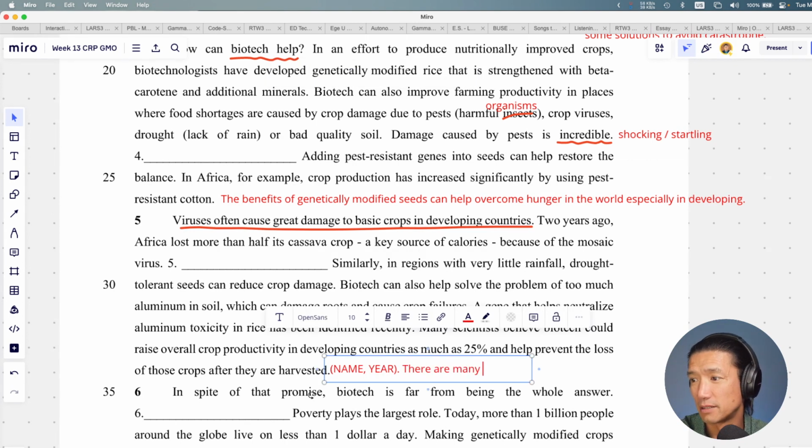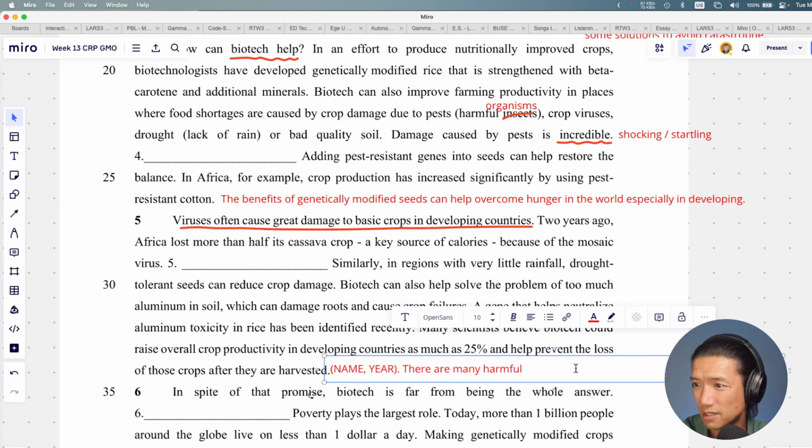There are many harmful elements. Not elements. That sounds like medicine or chemistry. There are many harmful crops. Crops is another word for the things that you grow.